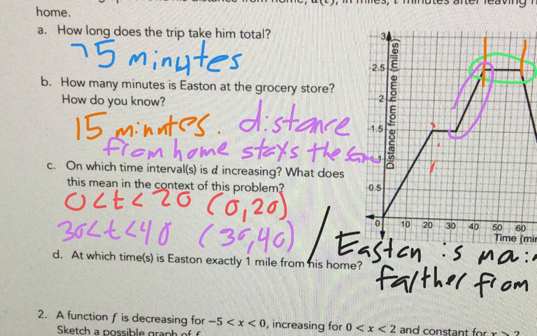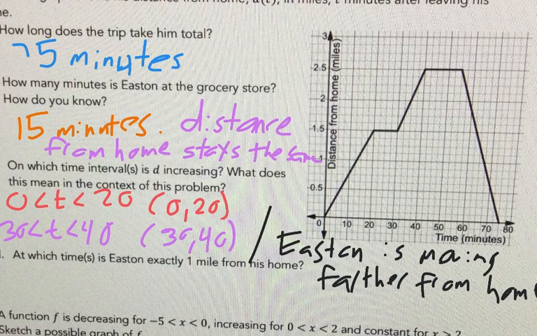So on the y-axis, we're going to look for where we are at 1 mile, which would be this line right here. That represents being 1 mile away. And then I want to know, what times did this happen? Well, it looks like it happened right here.